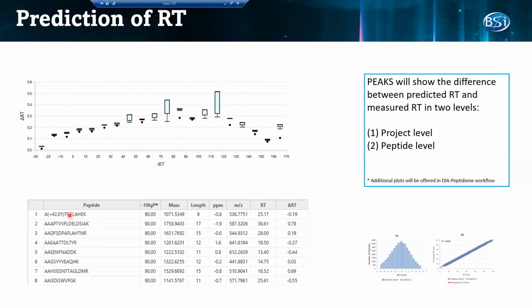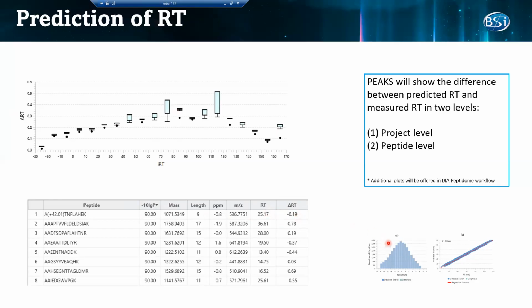And for each peptide, we offer you the result at the peptide level. In the peptide result, for each peptide, we have an additional column, the delta RT, so we can know the difference between the predicted RT and the measured RT.